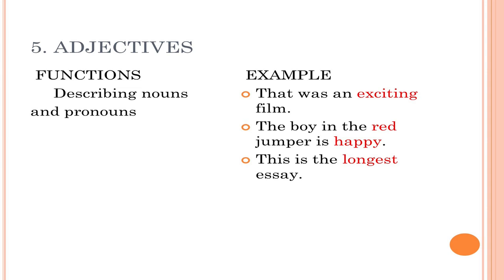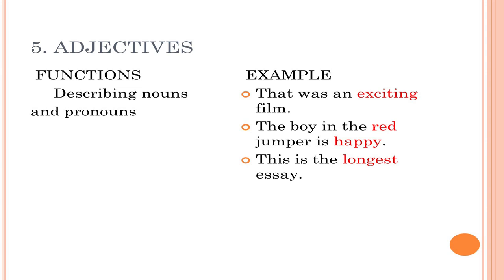We have other types of adjectives which you will learn as time goes on, and I'm sure you can give me more examples of adjectives because there are so many of them. But the important thing you need to know, and you need to always have in mind, is that adjectives are words that describe a noun or pronoun.